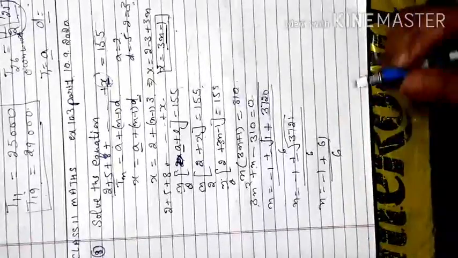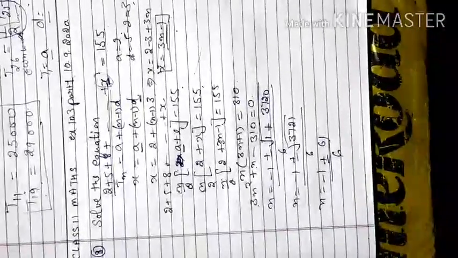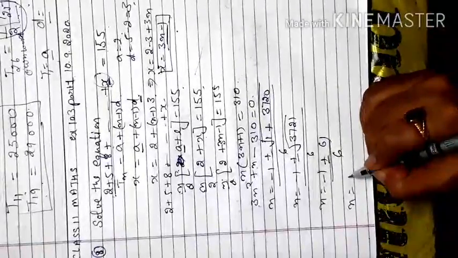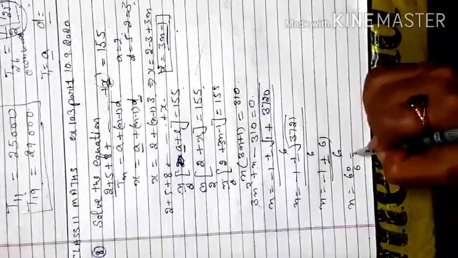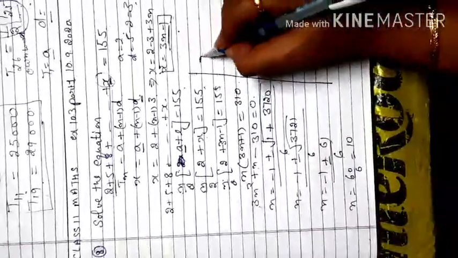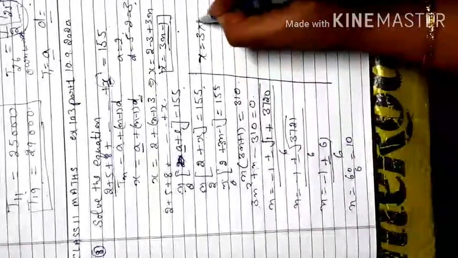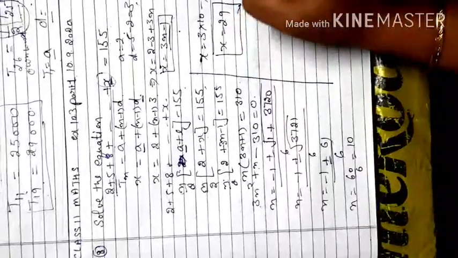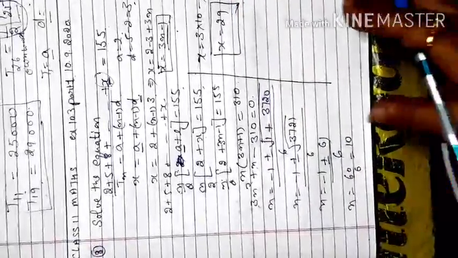Now when you solve this, the n term can't be negative, so we pick the positive term: 61 - 1 is 60, divided by 6 is equal to 10. If I get the n value equal to 10, I apply it here: x is equal to 3 × 10 - 1, so x is equal to 29. So that is the required x value.